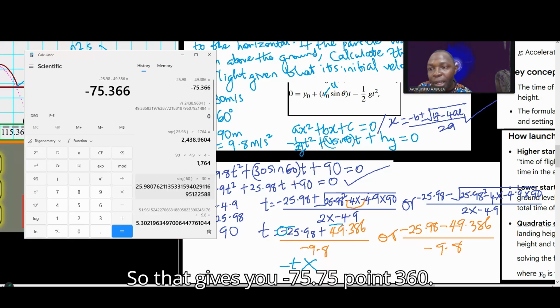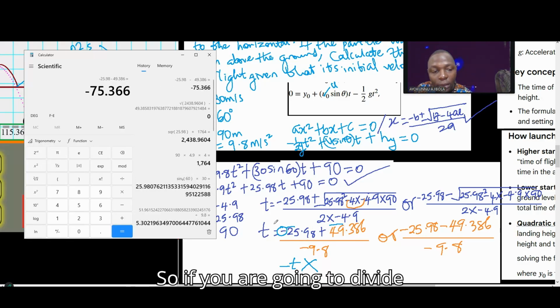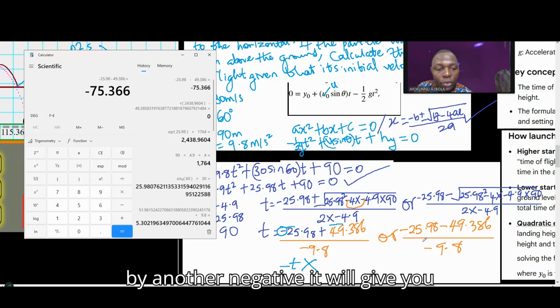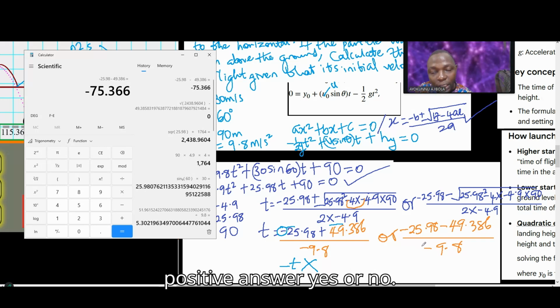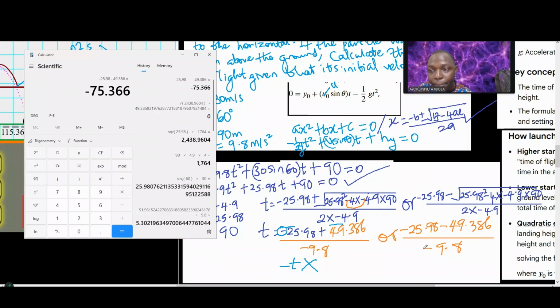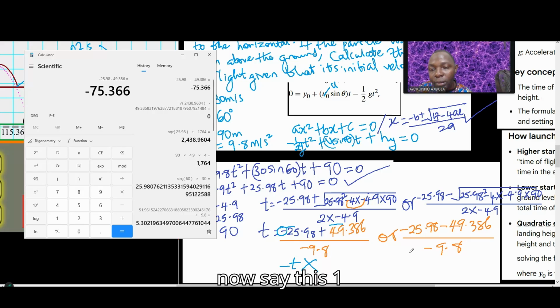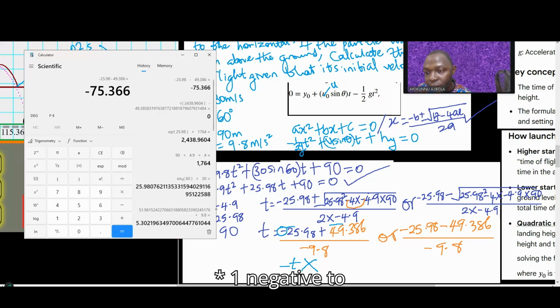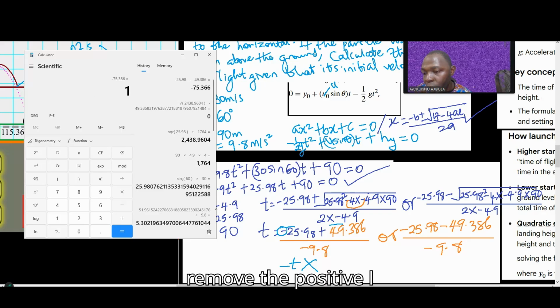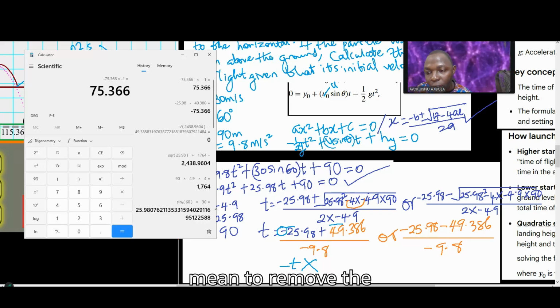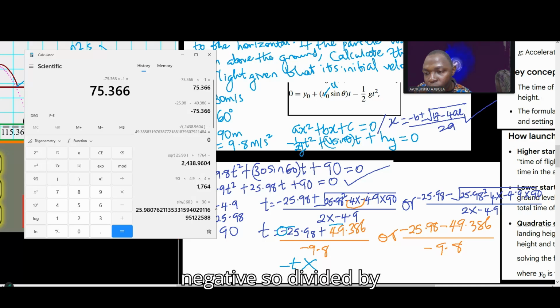So that gives you minus 75.360. If you are going to divide by another negative, it will give you a positive answer, yes or no? That's 7.690. So let me now multiply this by negative 1 to remove the negative, then divide by 9.8.